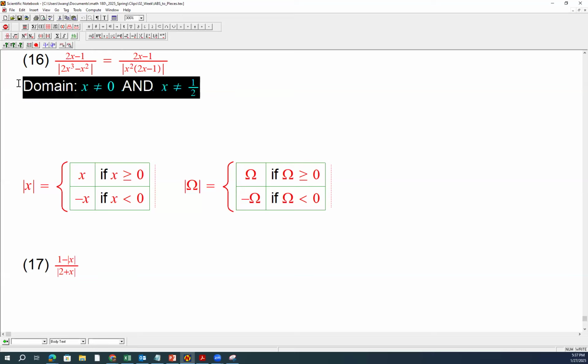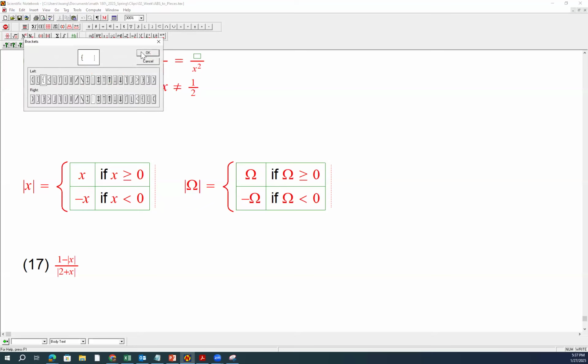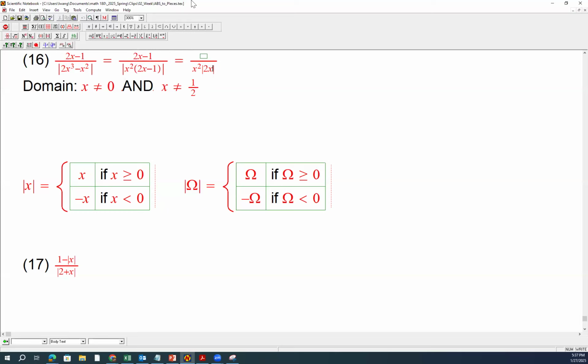We found the domain, but in this domain, x squared is always positive. So it can be pulled out of the absolute value, because the absolute value of a positive is positive. So now in the denominator, we have 2x minus 1, and on the top is 2x minus 1.